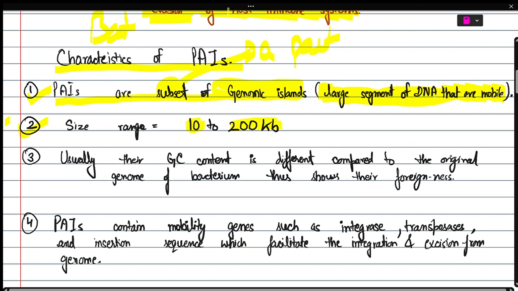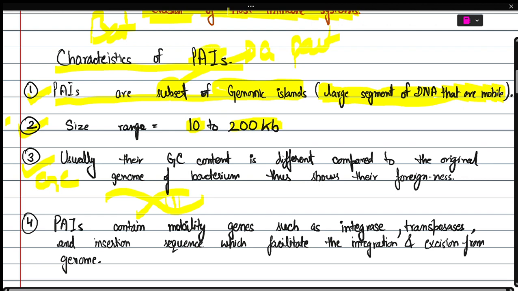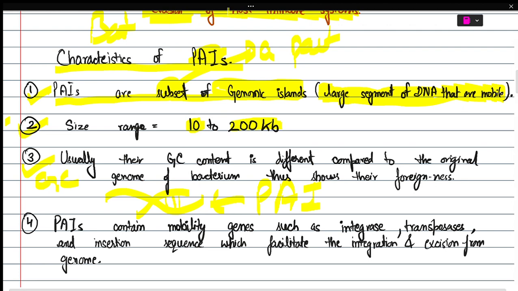Okay. Then the third point will be your GC content. Okay. So first of all, if this is the genetic material of your bacterium, then the GC content is kind of fixed if you talk about the same species. But when the PAIs enter and mix up with the genetic material of the bacterium, then the GC content will be different, right?